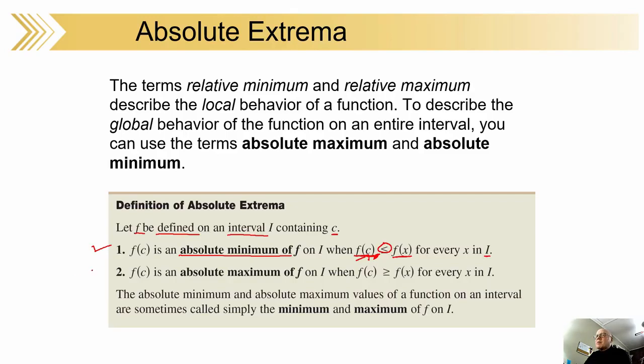And an absolute maximum says pretty much the opposite. If there's a point, x equals c, it'll be an absolute maximum if it's at least as big as all the rest of the y values in that interval.